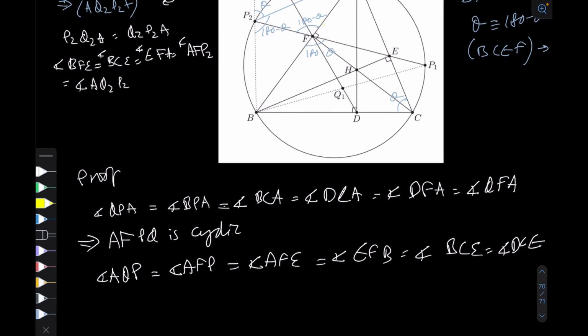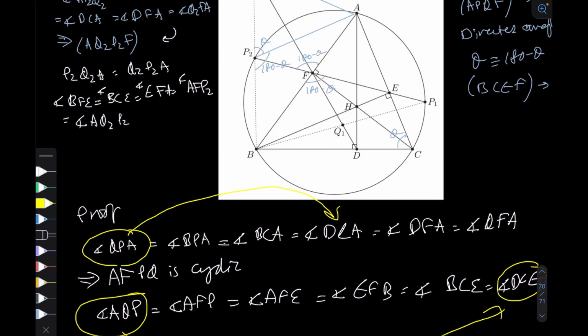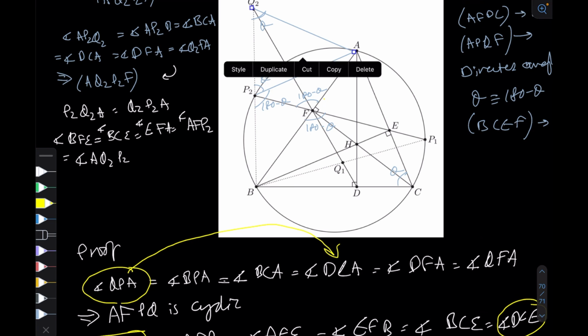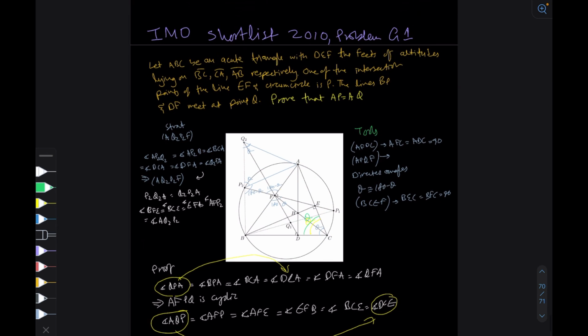In other words, what we have actually proven is that AQP is the same as DCE, and QPA is the same as DCA, and DCA is of course equal to DCE simply because they lie on the same straight line. This is this angle theta. DCE, DCA, same thing. So that was the whole proof of it.